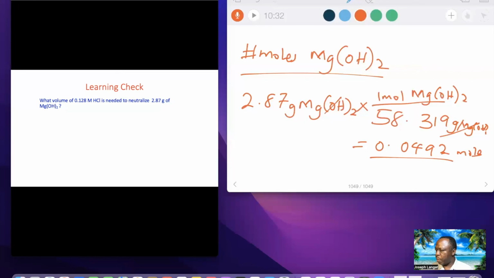So this is the number of moles of magnesium hydroxide we have in 2.87 grams.